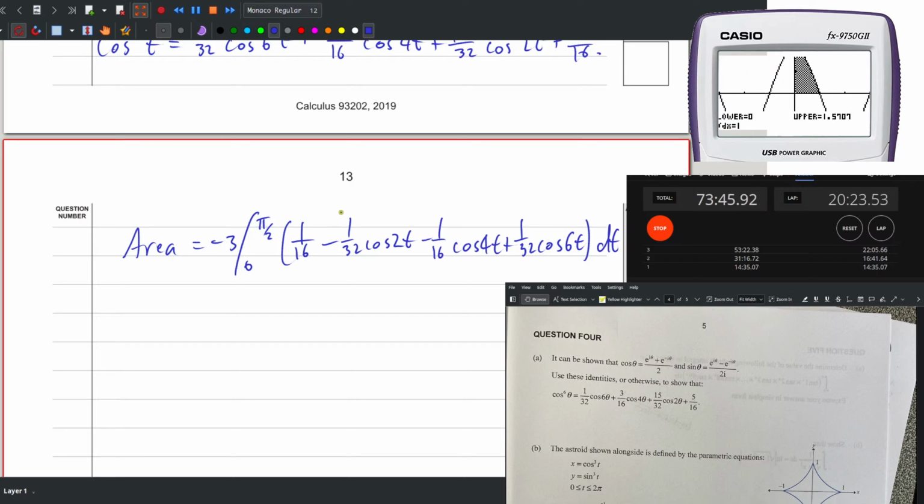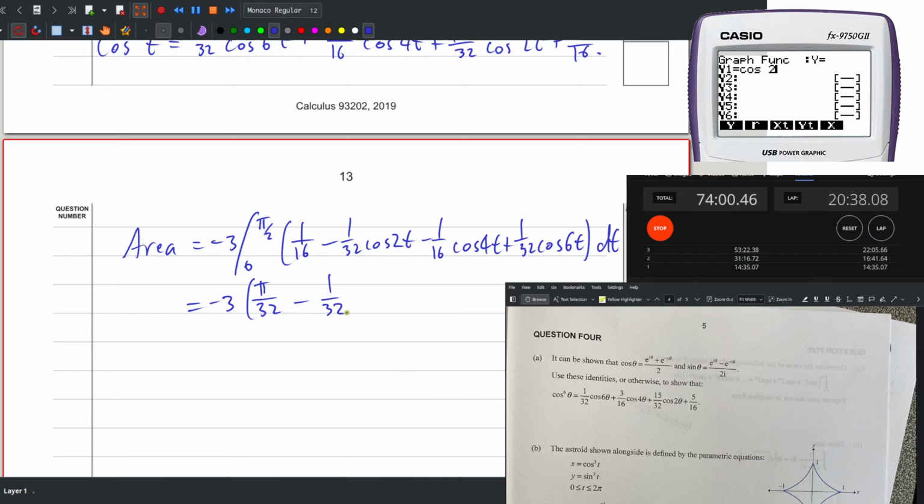So this one is pi on 32 minus 1 on 32. But even if we look at cos 2t, the integral should be 0, right? Yeah, so all the higher ones should be 0 as well.